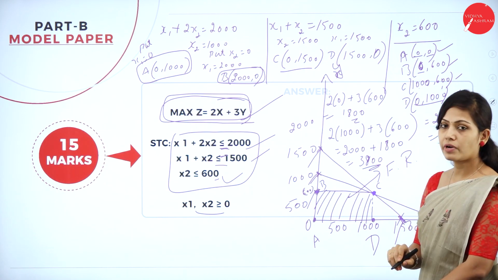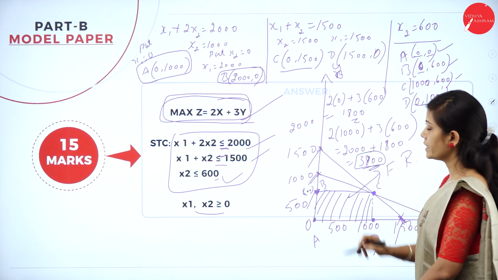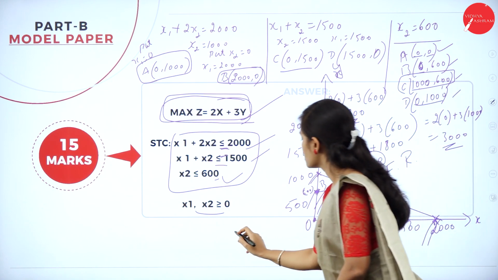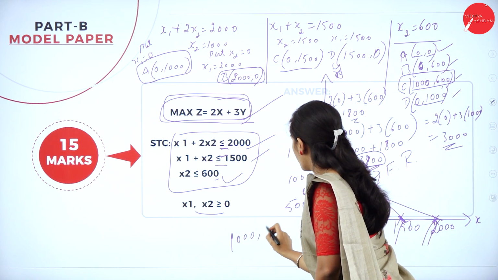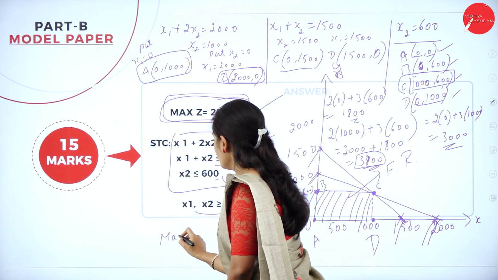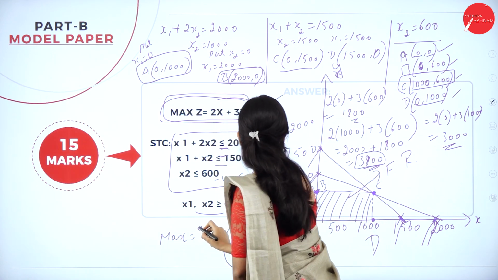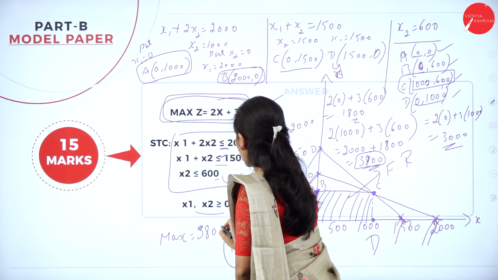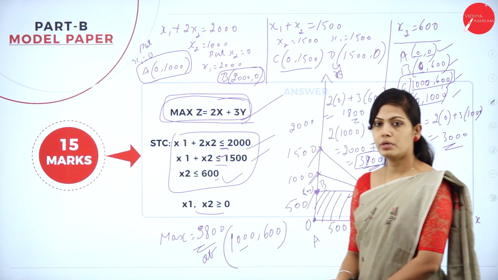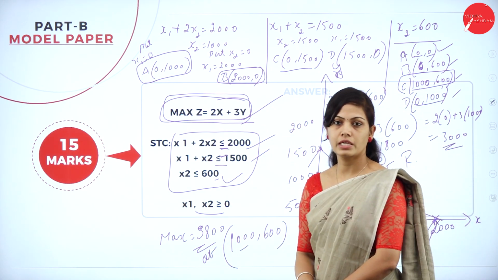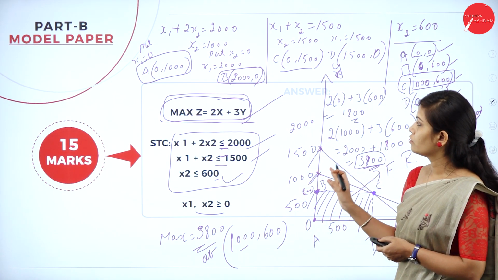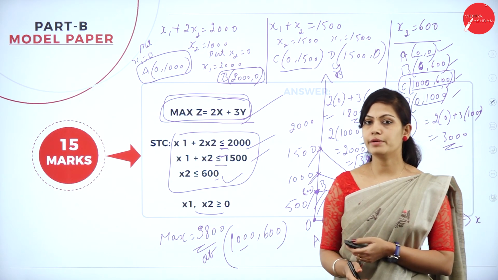So which is the maximum value here? 3800 is the maximum value, which comes under the point (1000, 600). So the maximization value is equal to 3800, which comes at x equal to 1000 and y equal to 600. So this is about your graphical method. For this, you can score 8 marks.